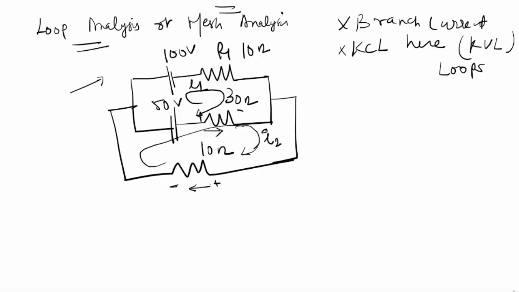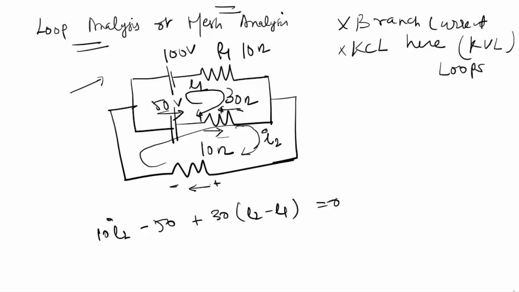I'll write the first equation: 10 I2. This is a rise in the potential, so this will be minus 50, and when I come to this resistance of 30 ohm, it will be I2 minus I1, because I2 is moving in this direction and I1 is moving in this direction, equal to 0.